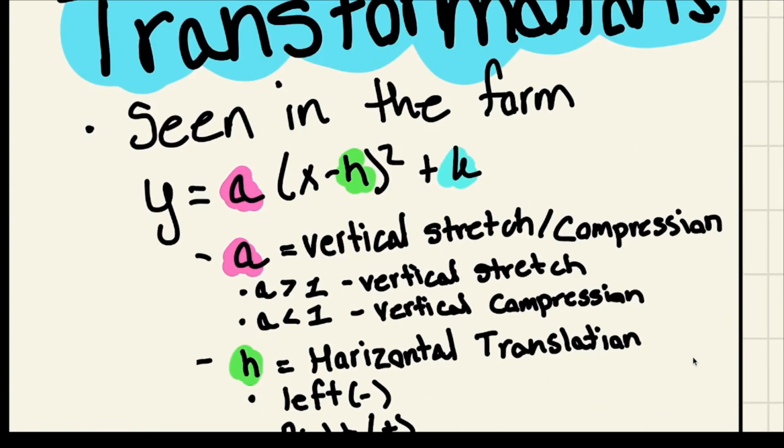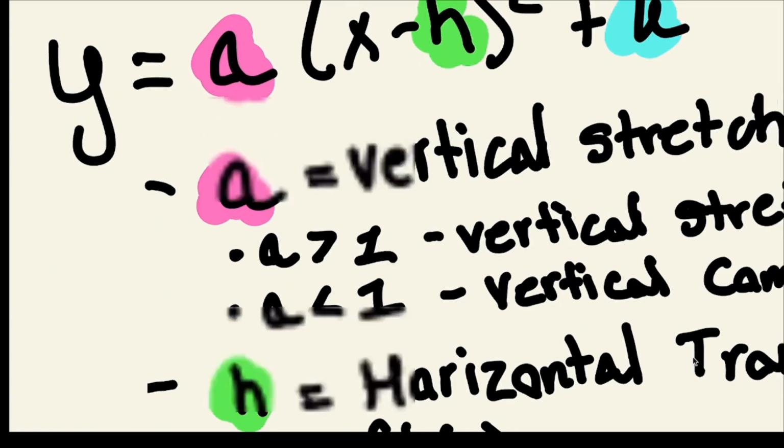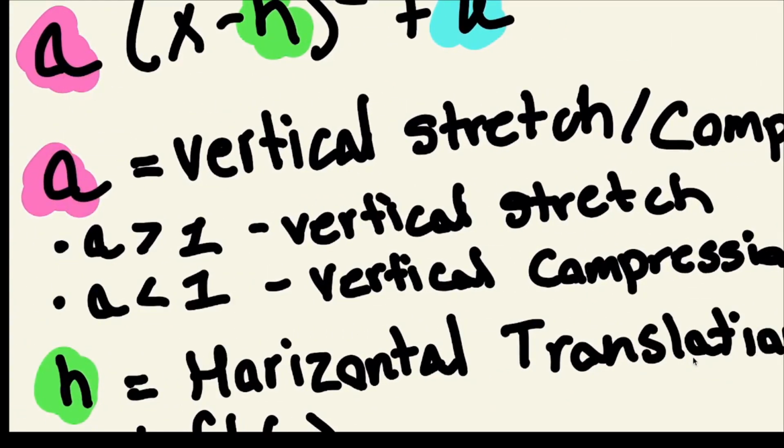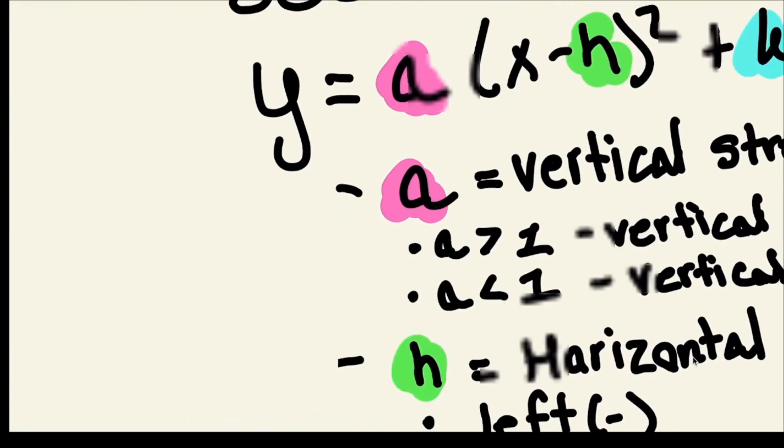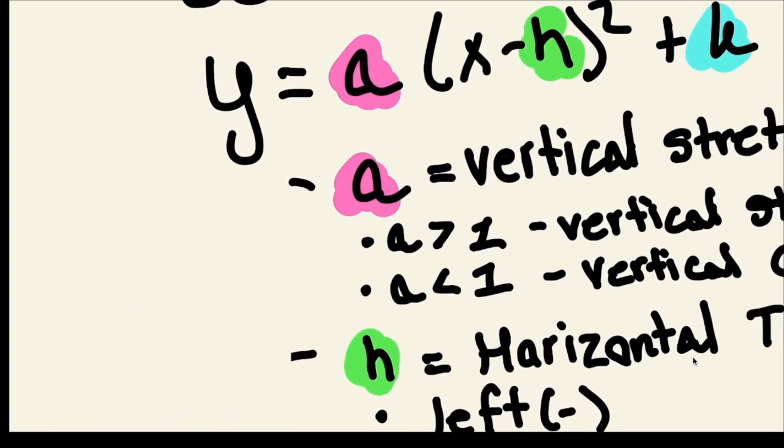For the a value, it tells you the vertical stretch or compression. If a is greater than 1, then it's going to be a vertical stretch, right? So if a is 2, that means it's going to be a vertical stretch, if it's anything above 1.